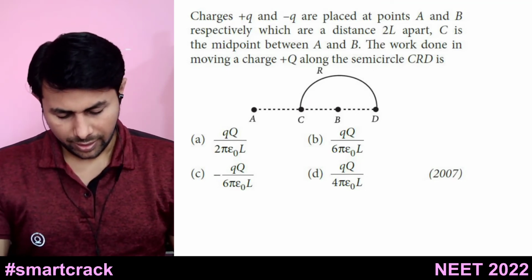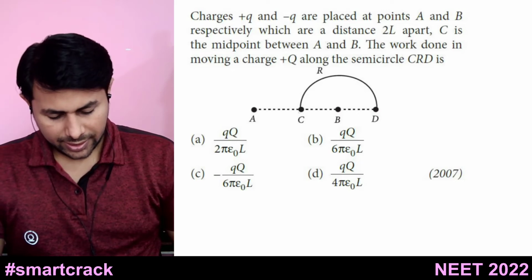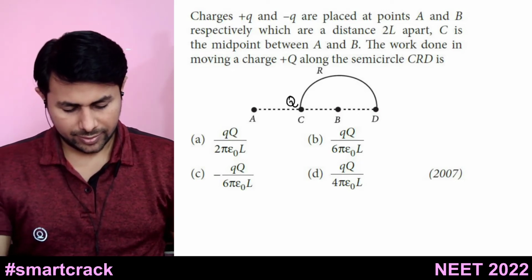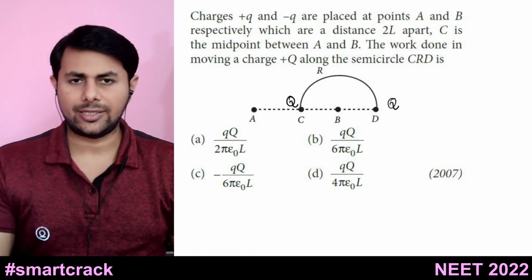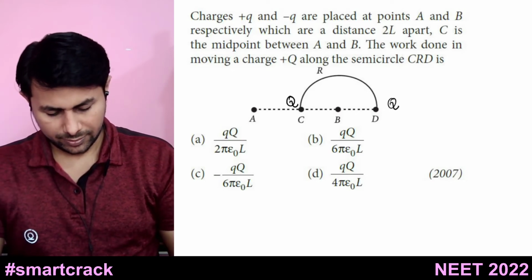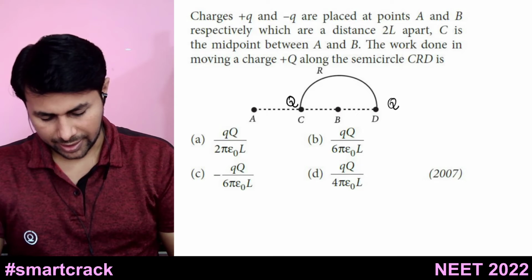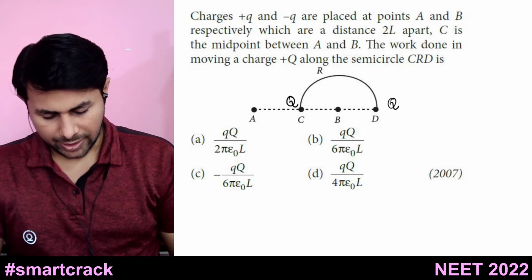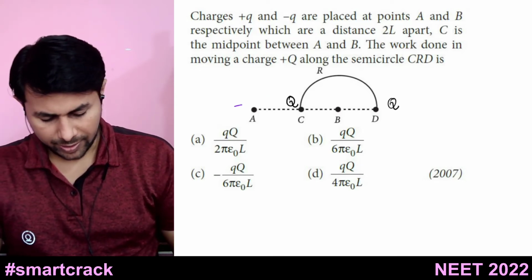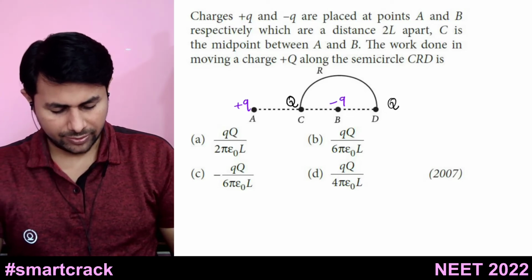Okay, so our charge is initially over here and then finally we are keeping it at this point. So there is some potential due to the charges which are kept at these 2 points, plus Q and minus Q. So there is plus Q charge at this point, minus Q at this point.